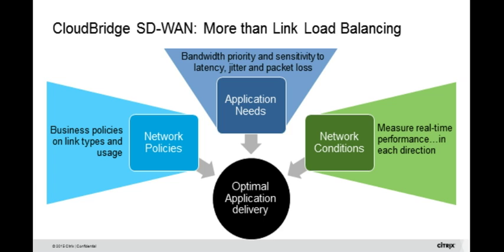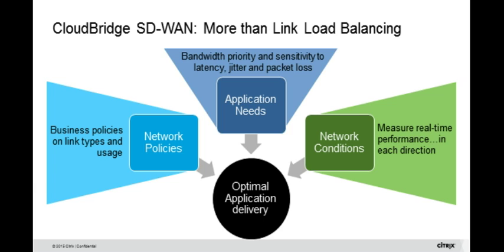Likewise, for security and privacy reasons, you might want to indicate that certain applications which contain sensitive data remain pinned to a particular wide area network link, which meets your security and privacy profiles that have been set forth within the enterprise. And finally, the CloudBridge solution considers network conditions.